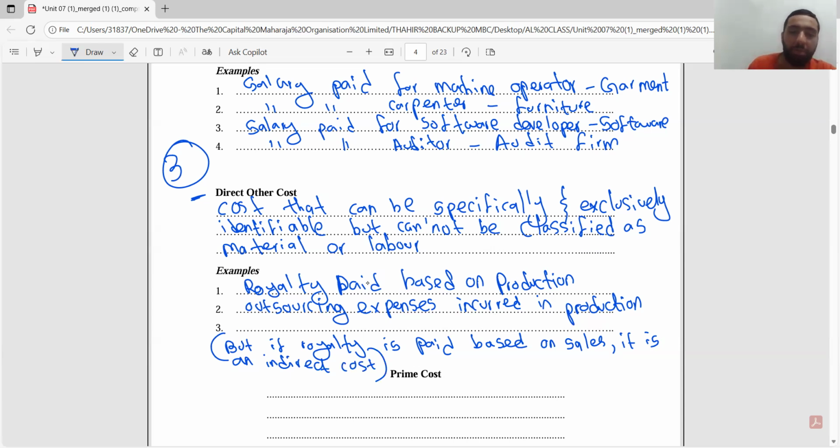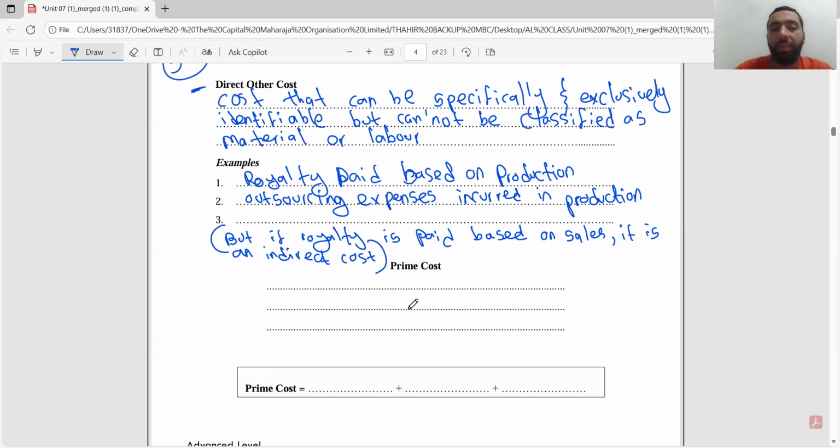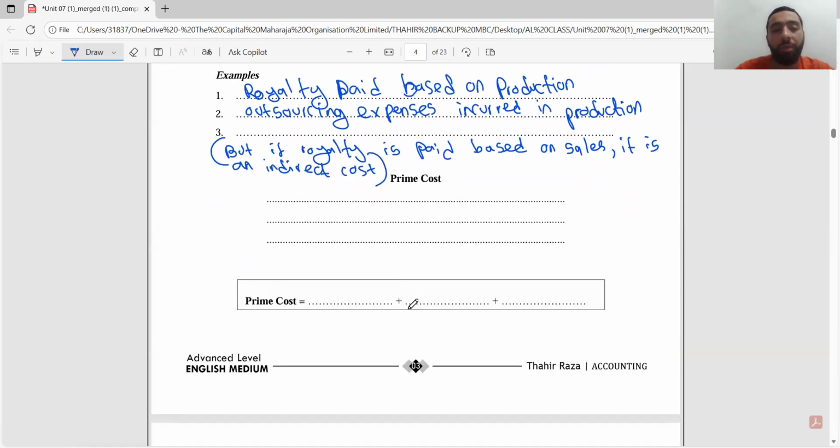Right? So royalty paid based on production is what? Direct, not on sales. Right. Keep this note. In the future it will be helpful once we are doing the questions.